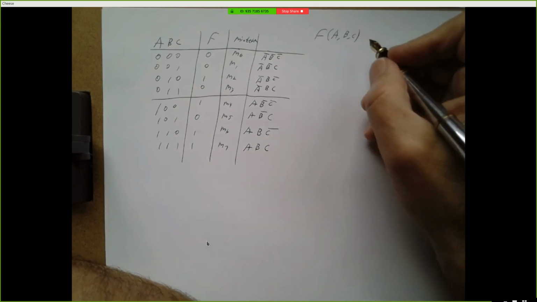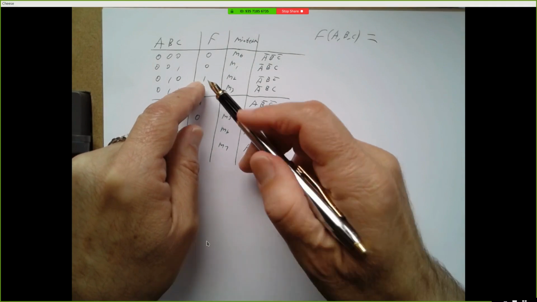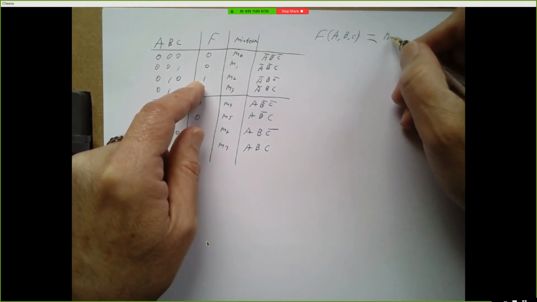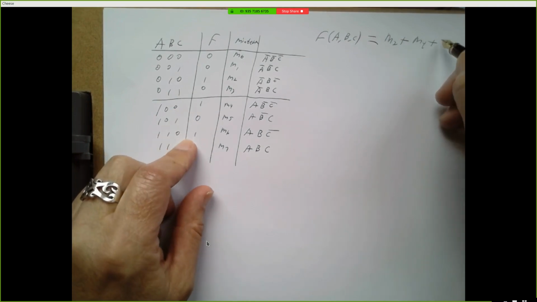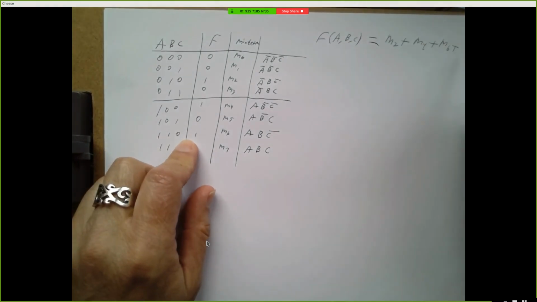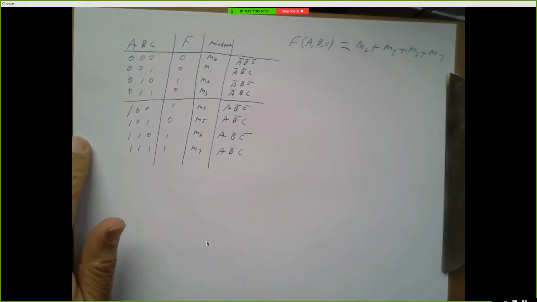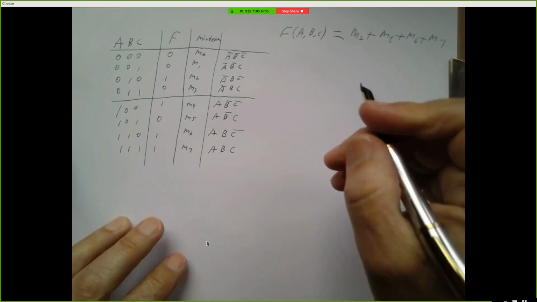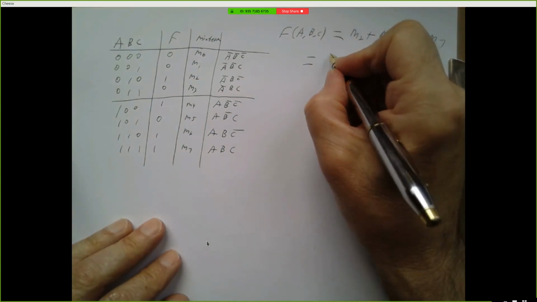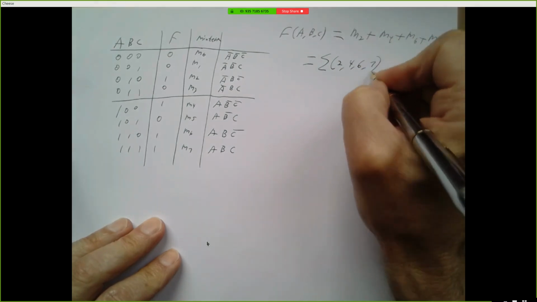So if I wanted to write F, I could simply sum up the minterms where I want the output to be a 1. So I could say this is M2 plus M4 plus M6 plus M7, which I could also write compactly as just the sum of minterms 2, 4, 6, 7.